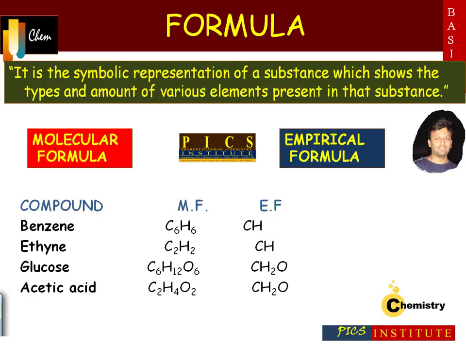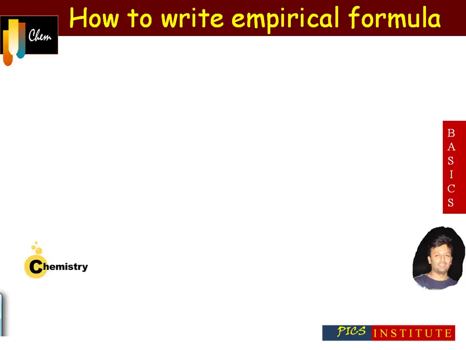Similarly, for glucose and acetic acid, we cannot differentiate between these two species by their empirical formula because that is the same, but their molecular formulas are different. So molecular formula is preferable over empirical formula. But for molecular formula, we must understand how to find out the empirical formula. So now student, try to understand how to write the empirical formula.